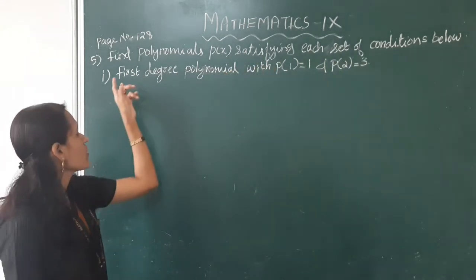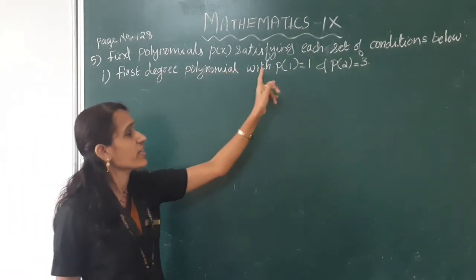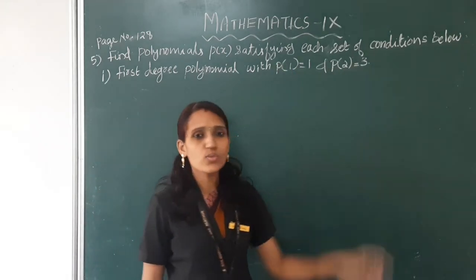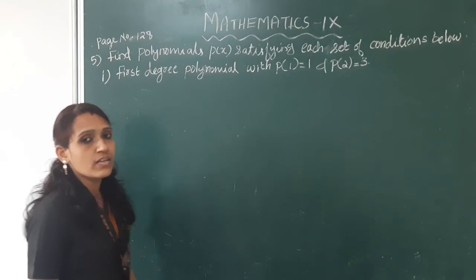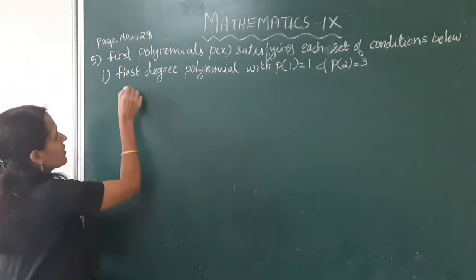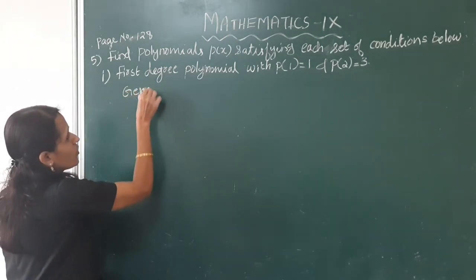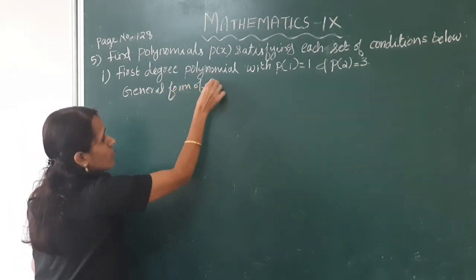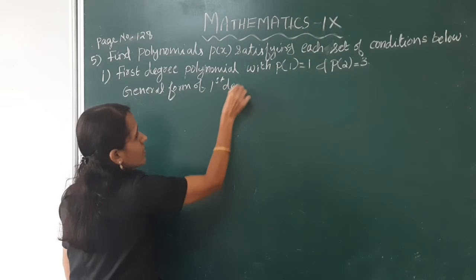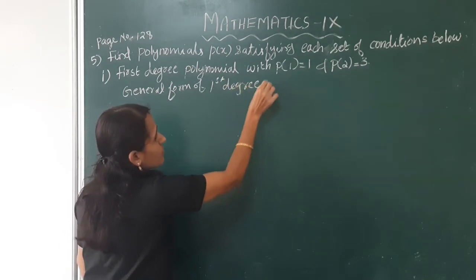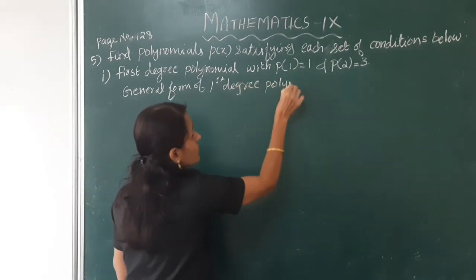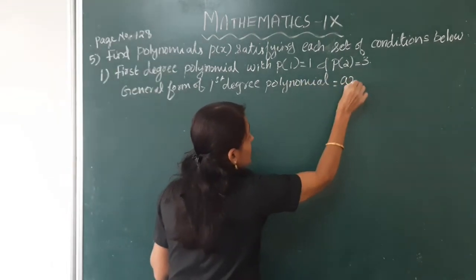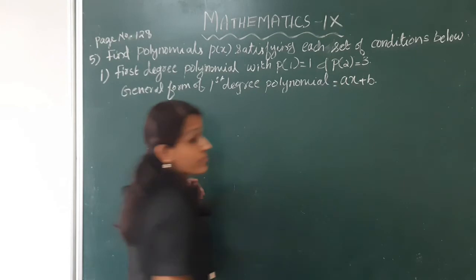First sub question. First degree polynomial with P of 1 is equal to 1 and P of 2 is equal to 3. We know that the general form of first degree polynomial is ax plus b.